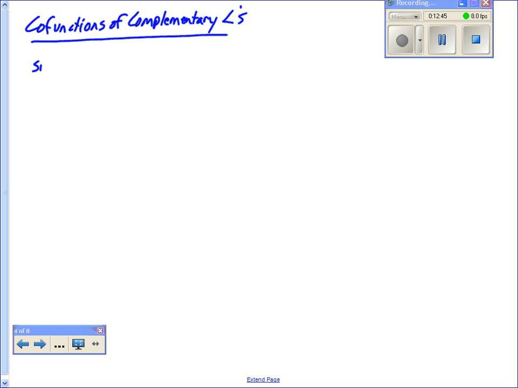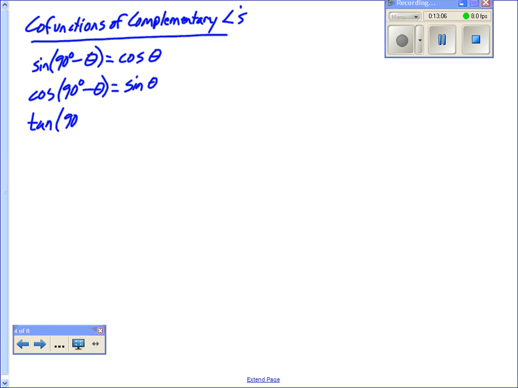So sine of 90 degrees minus theta is actually the same thing as the cosine of theta. Okay, the cosine of 90 minus theta, guess what that is? That's the same thing as the sine of theta. Okay, the tangent of 90 minus theta is the cotangent of theta.